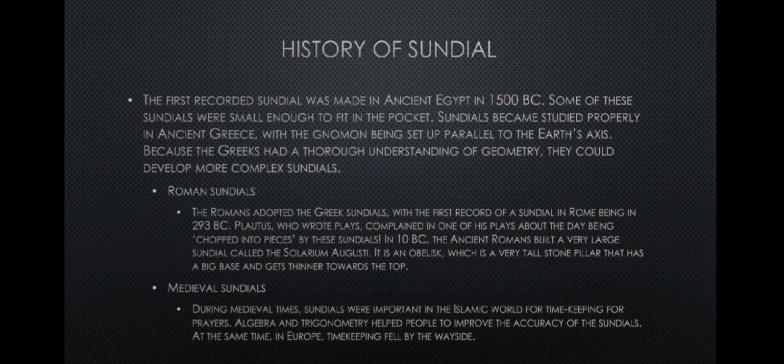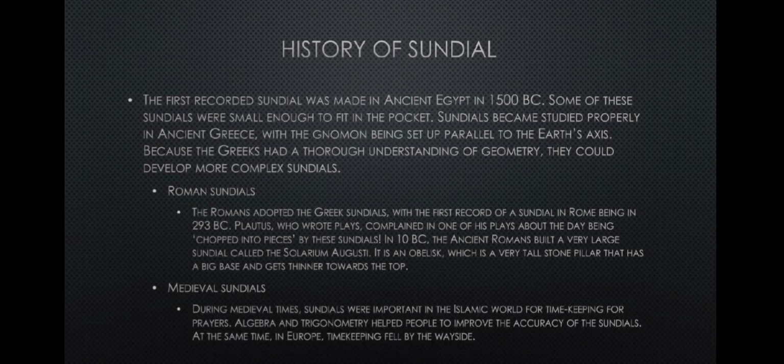There are two types of sundials, which is Roman and medieval sundials. By the way, for the medieval sundials, during medieval times, sundials were important in the Islamic world for the timekeeping for prayers.